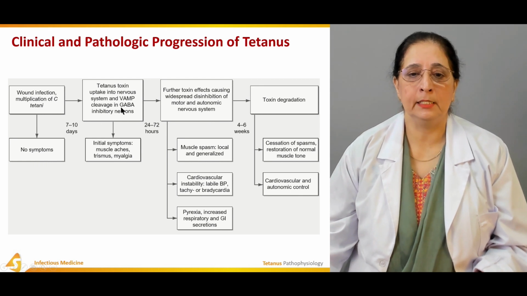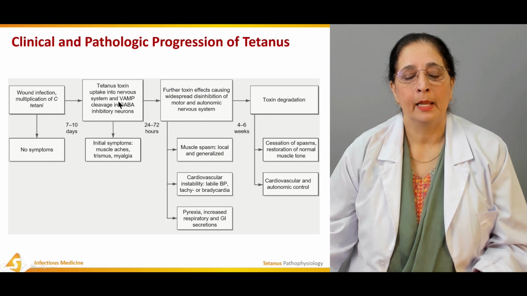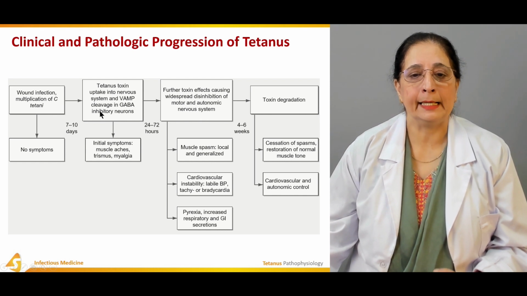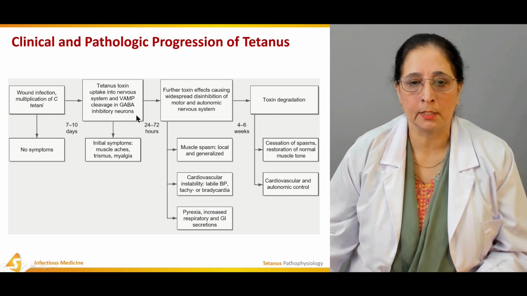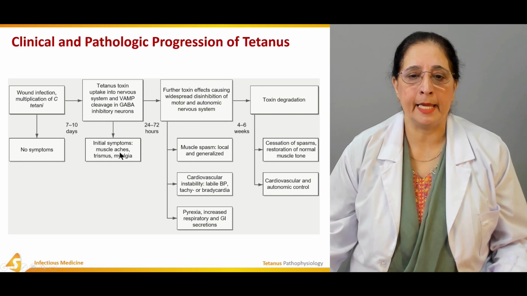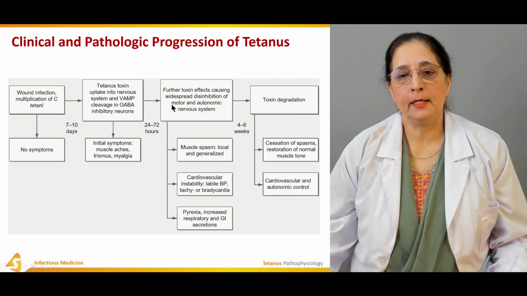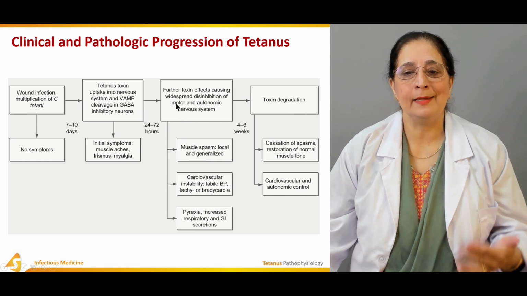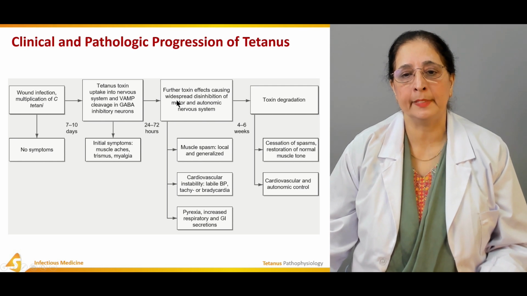After that, the tetanus toxin is taken up into the nervous system and VAMP cleavage occurs in GABA inhibitory neurons. The initial symptoms which occur are muscle aches, trismus, and myalgia. Then, once the toxin is released, within 24 to 72 hours, what happens?